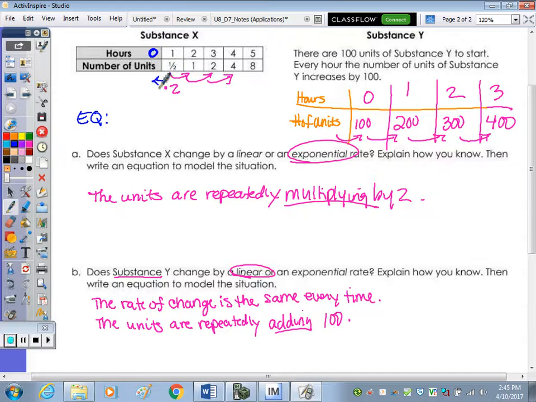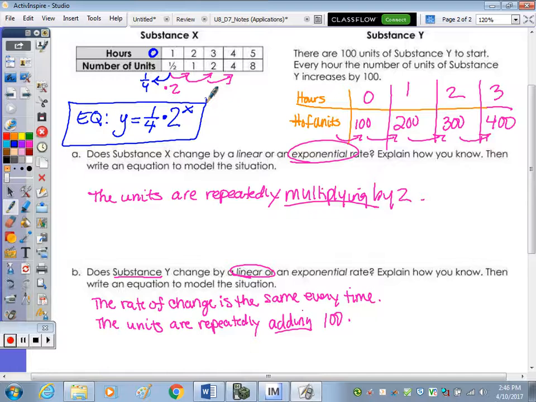So instead of multiplying by 2, what do you get when you go backwards or divide by 2? 1/2. 1/2 divided by 2. If you think, what do you double to get 1/2, which is 50 cents? That's a quarter. Okay? So our starting value, so we have an equation, y equals 1/4 times, again, doubling, the base is going to be 2. Exponential means your variable is in the exponent.